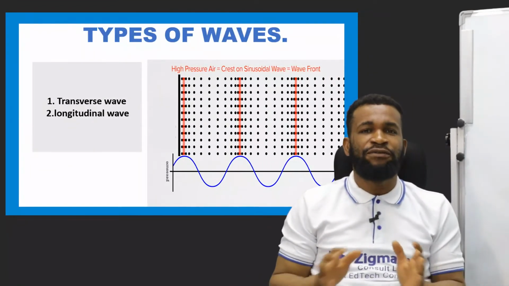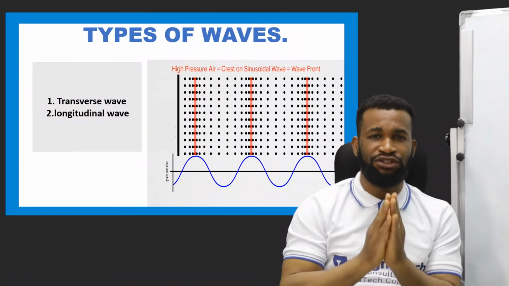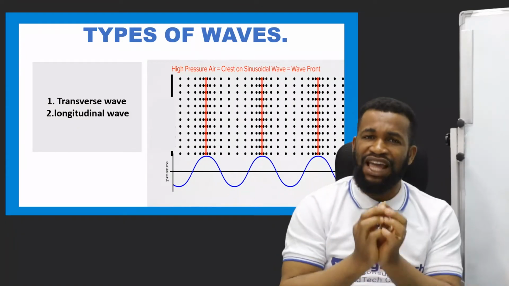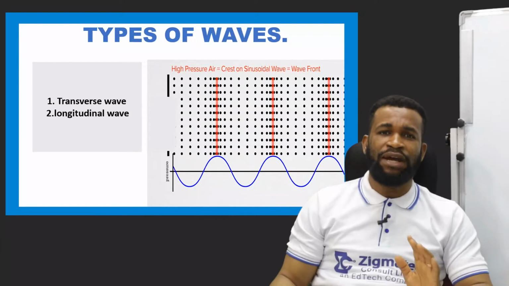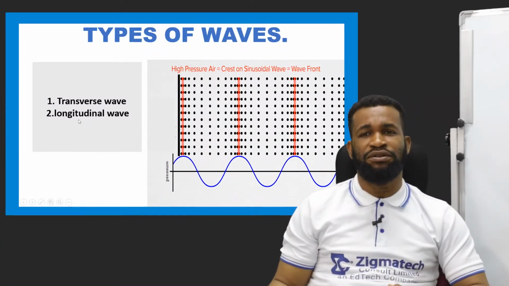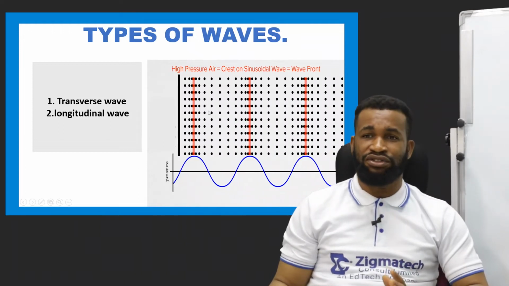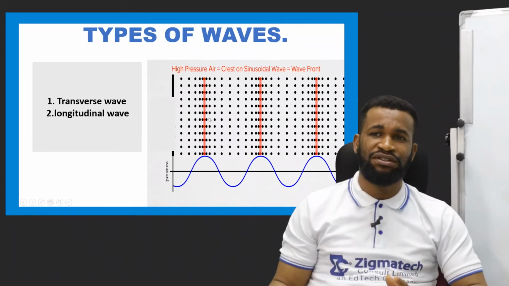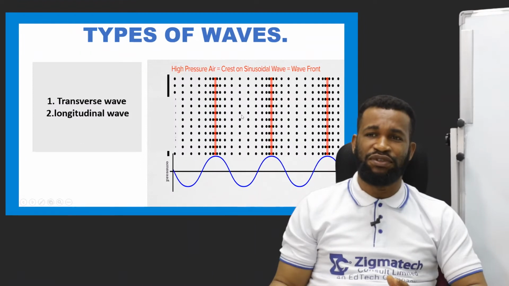Now, even though we have classified wave in 2 forms, we have types of wave. The 2 types of wave include transverse wave and longitudinal wave. Look at what you're watching on the screen. You see how this is moving? Look at how it is moving.